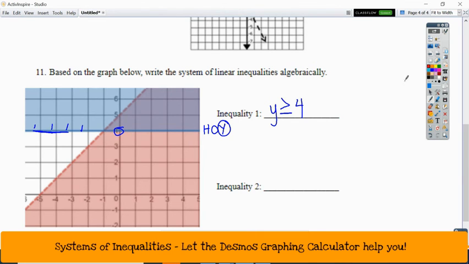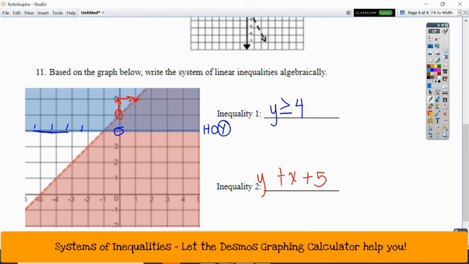The second inequality, I'm going to base off of my red line. Again, there's nothing wrong if your inequality 1 is my inequality 2 and vice versa if they got swapped. So for inequality 2, think in y equals mx plus b format, I have a y-intercept at 5. So that's where I will begin. I need to know what the slope of my line is, and I can see that we go up 1 and right 1 to get back to another point. So 1 over 1 is the coefficient that we have on x.